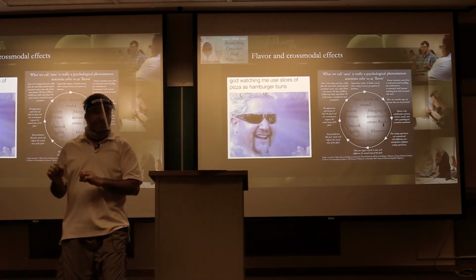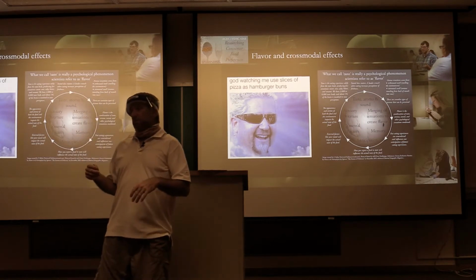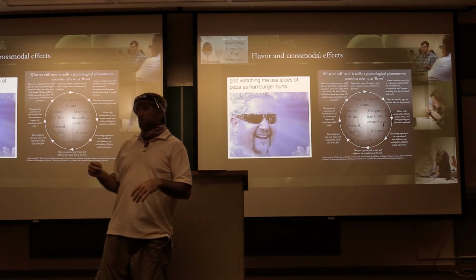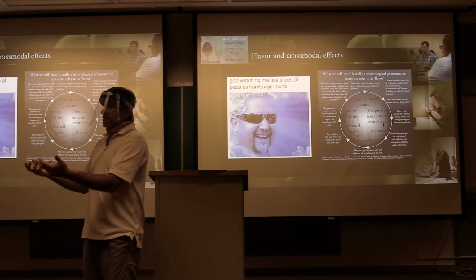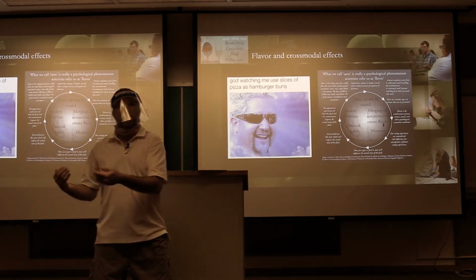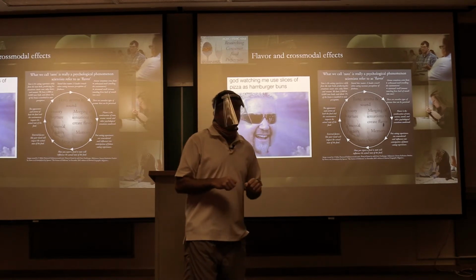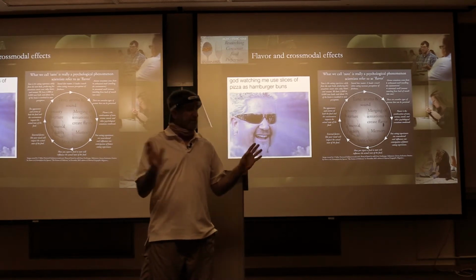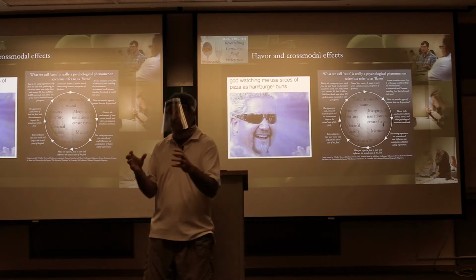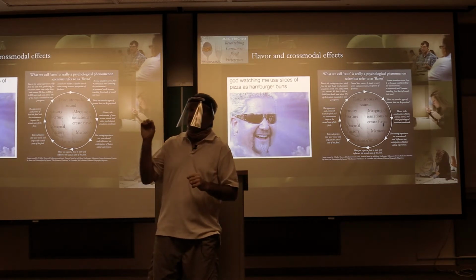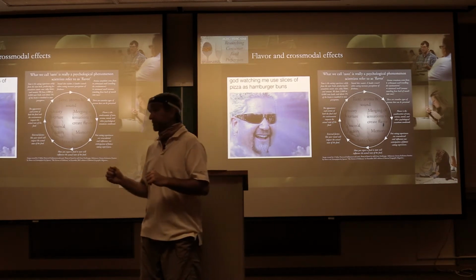C-R-O-S-S-M-O-D-A-L. That's when a change in one of the senses, like sight, changes one of the other senses, like flavor. The one big example I would usually do: you can take a drink with a certain sugar content and put red food coloring in it.